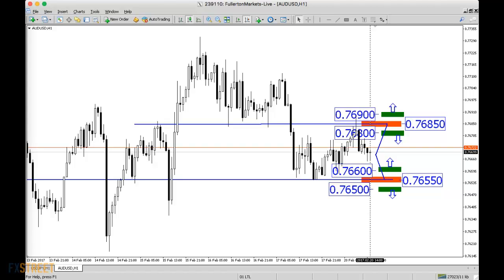Anyway, why I use 0.5 cm is because 0.5 cm will take into consideration the pair that I'm trading, the time frame that I'm trading, and the volatility at that point in time for the currency pair. So 0.5 cm will be fixed throughout my trading.